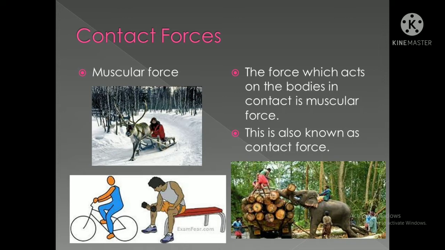When you cycle, you need force from your legs, isn't it? So that is also a muscular force. The boy is also using muscular force. And now comes our Hathi Raja, the elephant. Elephants are always used to pull heavy logs of wood, so they help people by pulling the heavy logs for them. So these are the examples of muscular force.